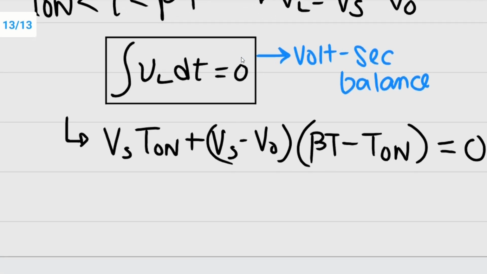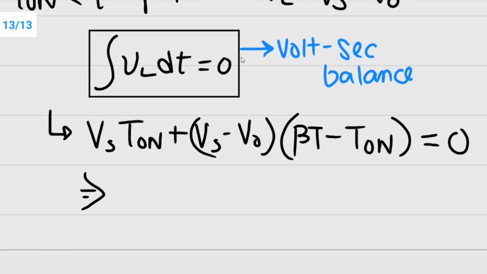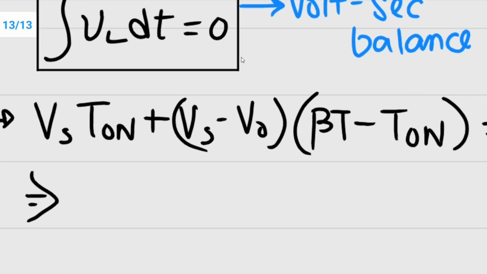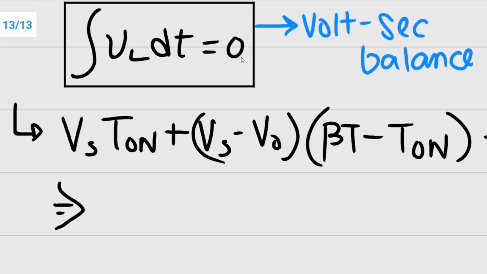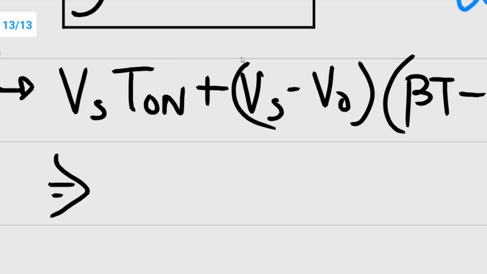From this, we already know the value of VS and V0, and by putting in all the values we can get beta equal to 0.6.